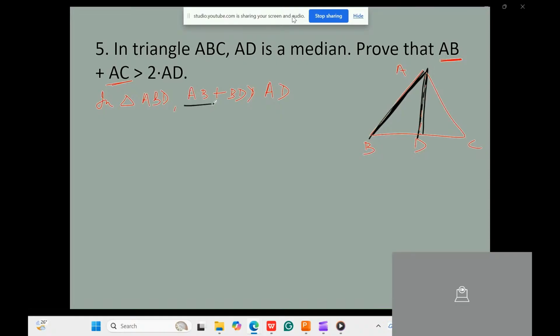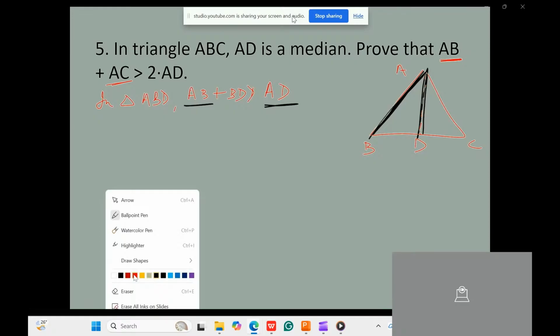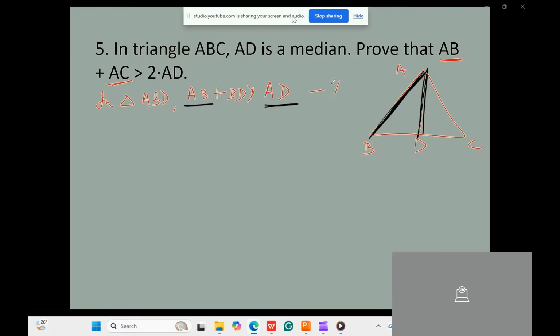So, when we are taking one side, we are getting AB also and AD also. Okay. So, now let's move on. Now, similarly, we will also write for the other side of the triangle. So, in triangle ACD, we can say that AC plus CD is greater than AD, right?